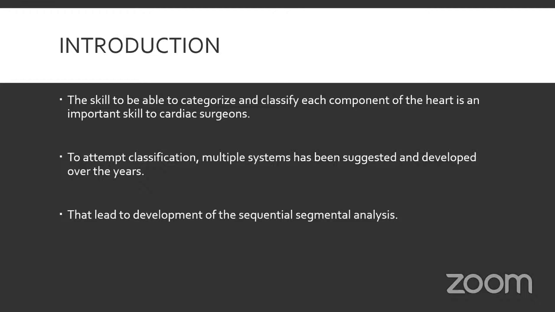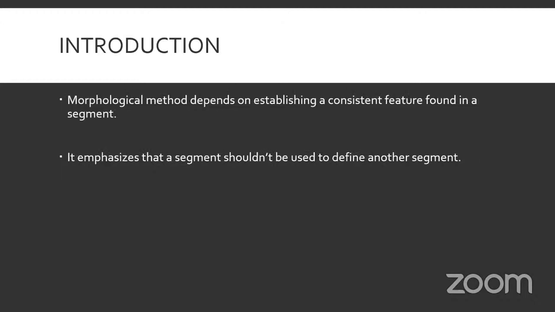Now, within this system, there are some principles that we need to stick to in order to successfully and correctly define or categorize each chamber. One principle is using the morphological method.